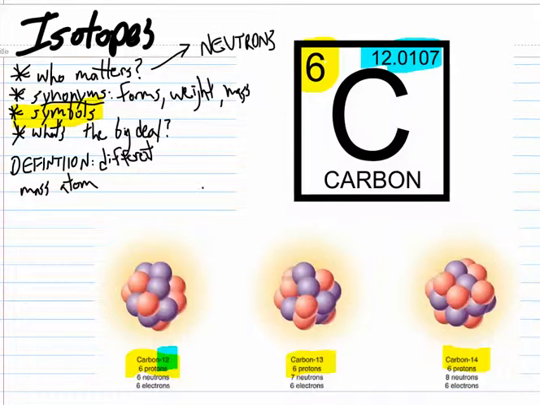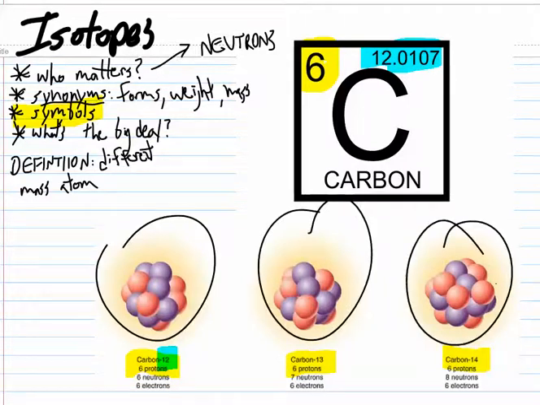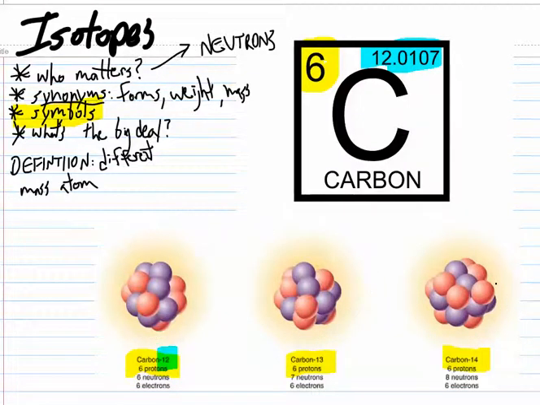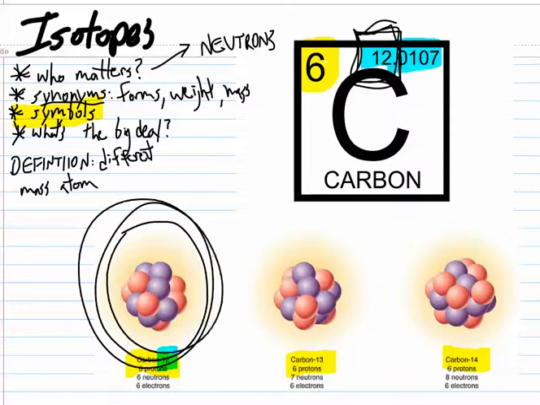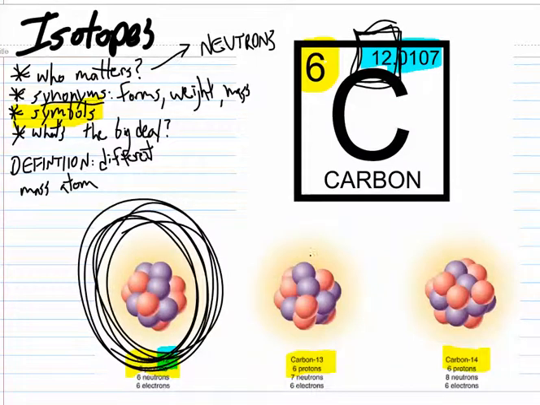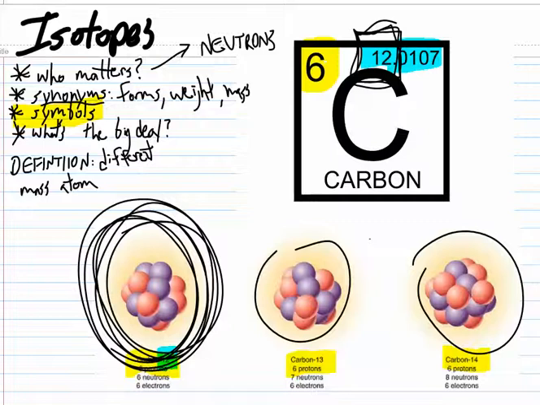If I went around the whole planet and started scooping up carbon atoms, what would I find? I would find that most of the carbon has a mass of 12. So if I had to guess, I would say that most of the carbon atoms on the planet are like this one. But I would know that there's some of these and some of these. There must be a few because the average mass is a little bit above 12.